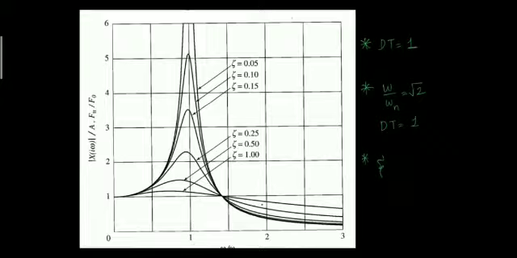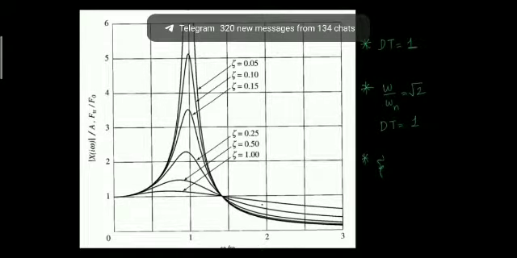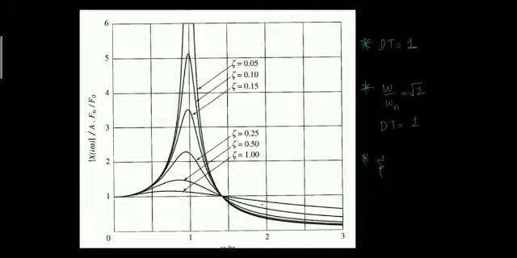But it is quite counterintuitive in the next regime, where values of omega by omega n are greater than root 2. Here you can see, as the amount of damping increases, the value for displacement transmissibility goes up. So this should be remembered, because this is simply counterintuitive. You tend to think that when I'm introducing damping into the system, I expect my displacement transmissibility to go down, but that is not the case all the time. So just keep this in mind.